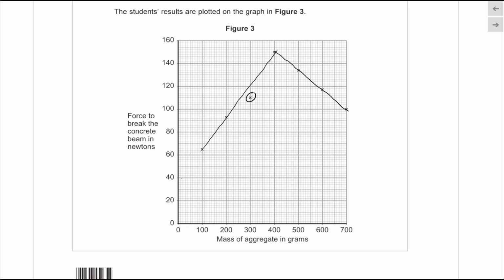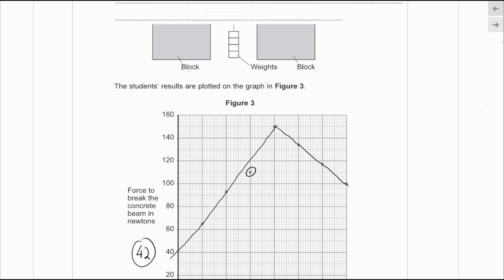Oh, sorry, each square is worth 2, so that would give me a result of 42. Let's just bring that back, like so, there we go, because each square is worth 2. So that would have given me a result of 42, and that would be my answer on the next page.